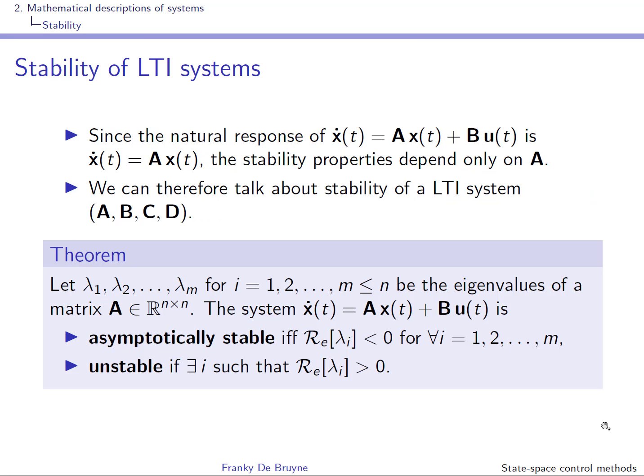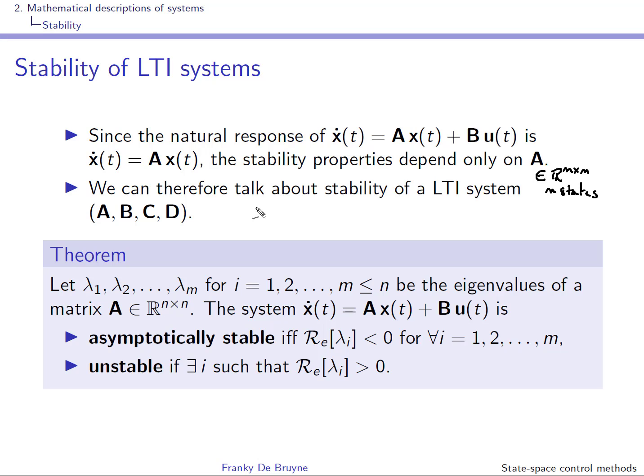So in this slide you can see that the number of distinct eigenvalues is m, which is smaller than n. A here is in R n times n. There are n states. Since m is smaller or equal to n, it means that some eigenvalues can have an algebraic multiplicity higher than 1.